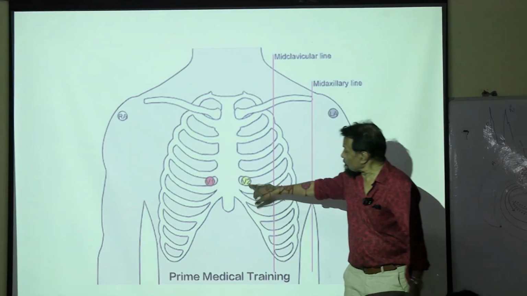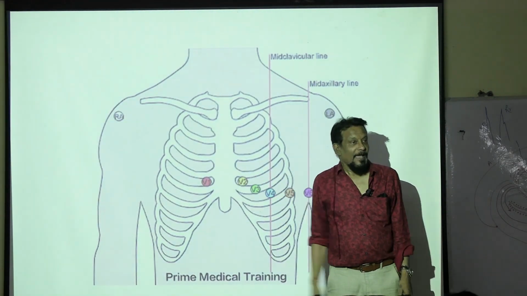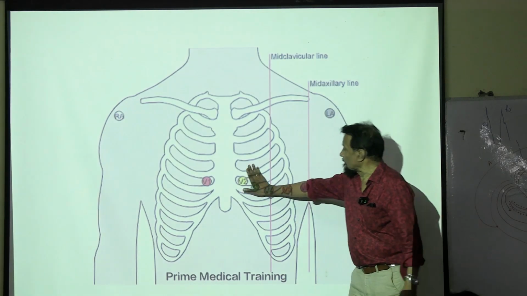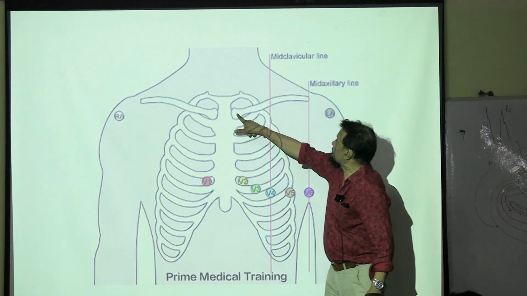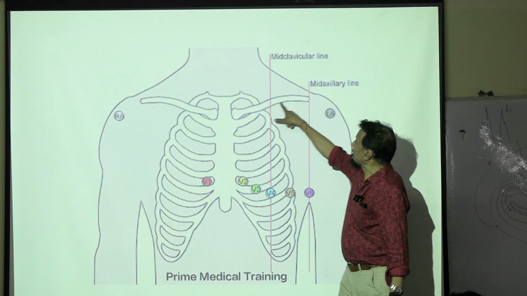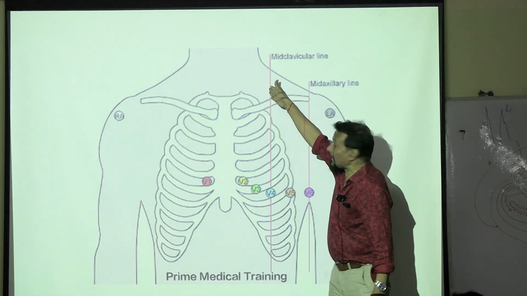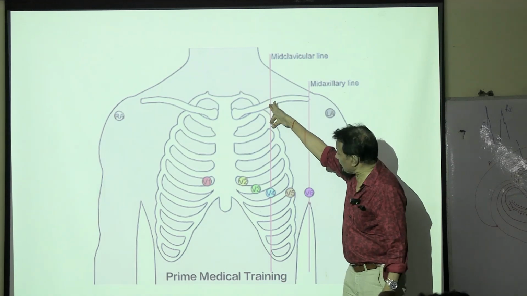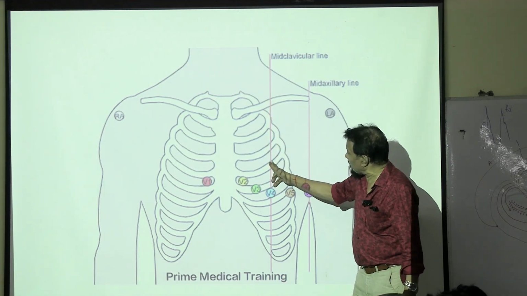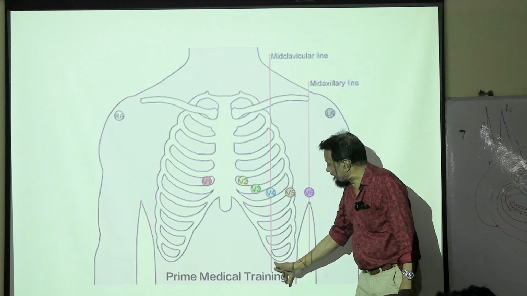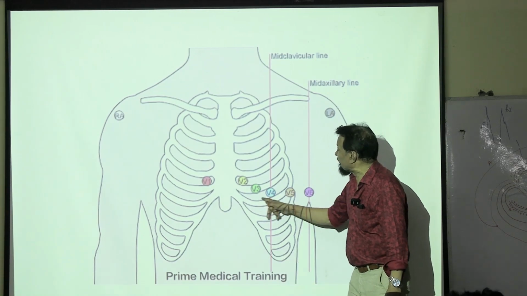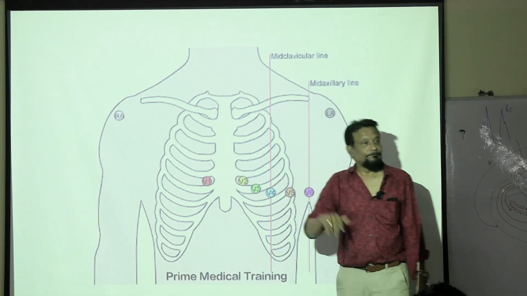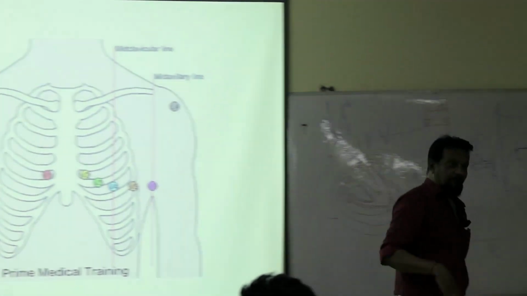V2 will be just opposite to this. Now V4, forget V3 for now. This is the clavicle, the mid-clavicular line. This is the midpoint. From here, imagine a vertical line. It will cross the fifth intercostal space, not fourth, fifth.